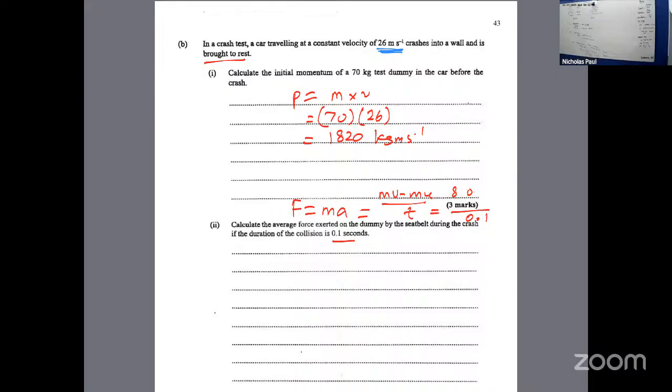It should really be 0 minus 1820, because the final is 0 and the initial is 1820. So when you work it out, I got 18,200 Newton. Anybody get that? Right, 18,200.